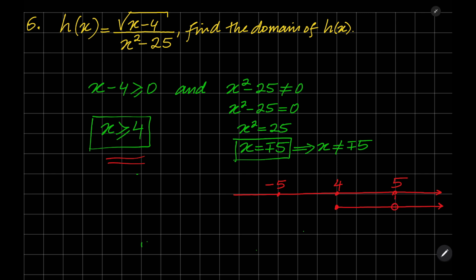It's an open circle. Then the domain of the function is 4 to 5, 5 is not included, union 5 to plus infinity. That's the answer. I hope it's clear.